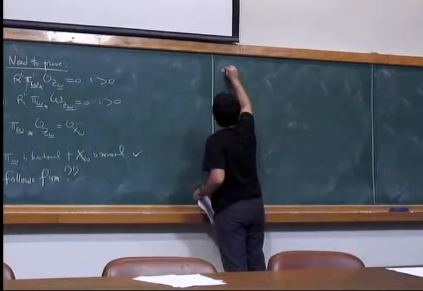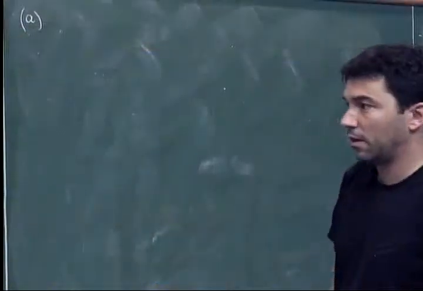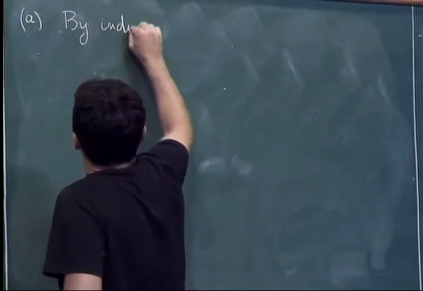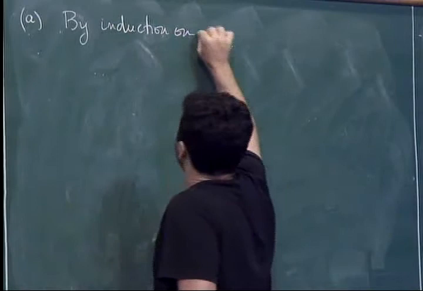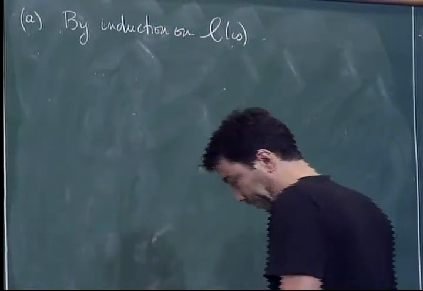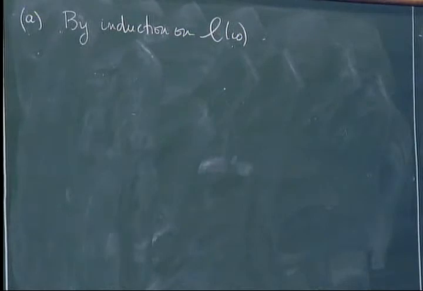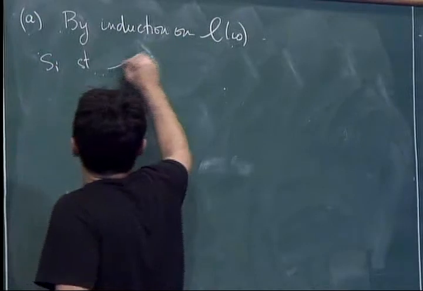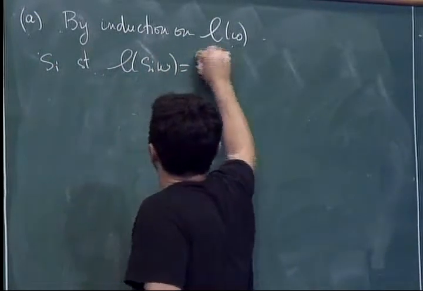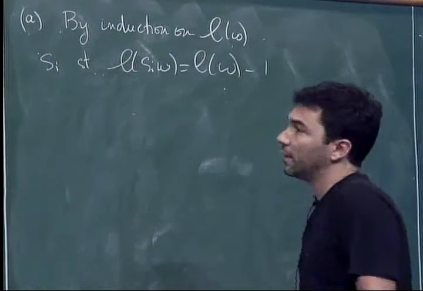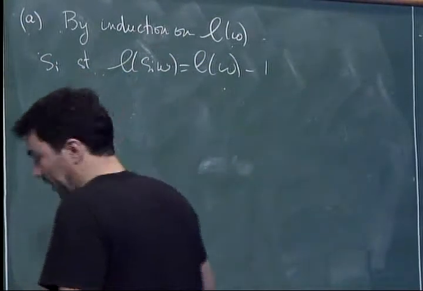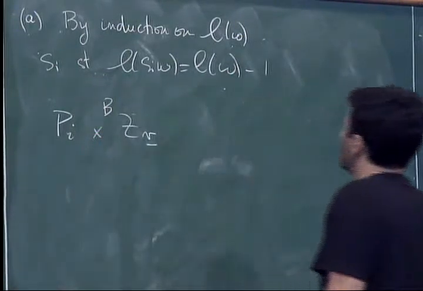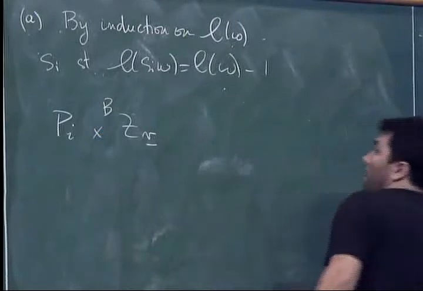So for A, again, this is by induction on the length. So you choose s_i such that the length of s_i omega is smaller, exactly as before, and now you consider pi, I should say, in a different way.